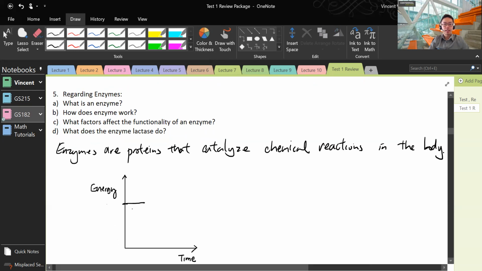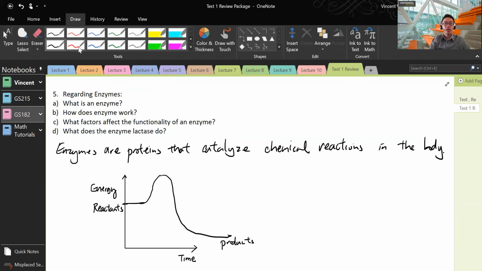Reactants are the ingredients in a chemical reaction. In order for them to react, you need to supply a little bit of energy, and then it goes ahead and reacts, and the products will be down here with less energy. That's one type of reaction anyway.